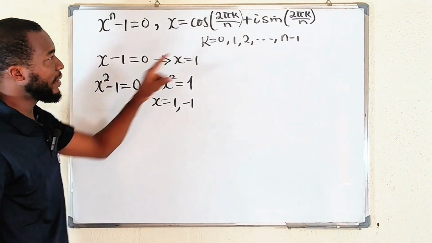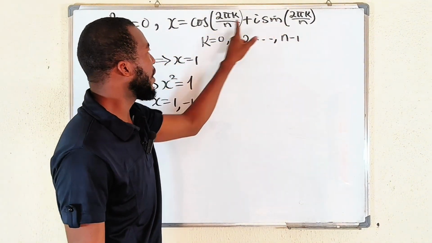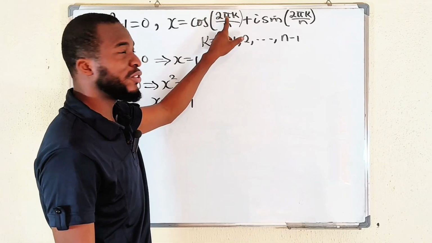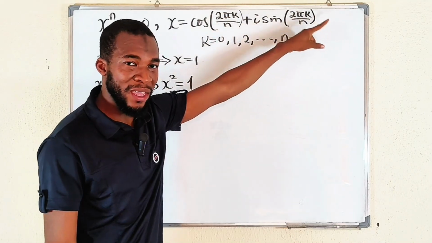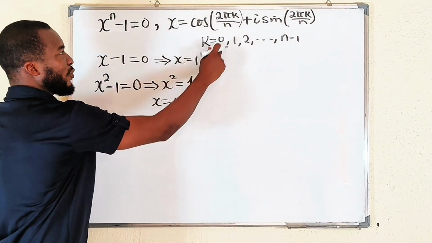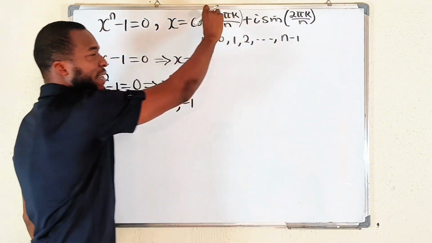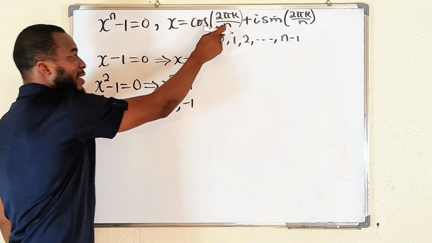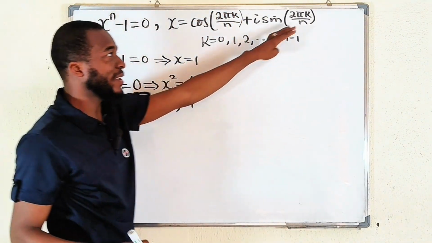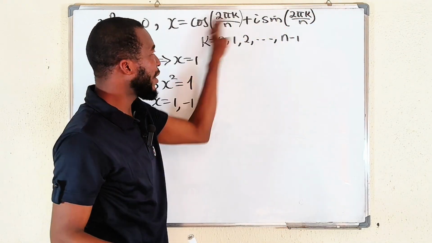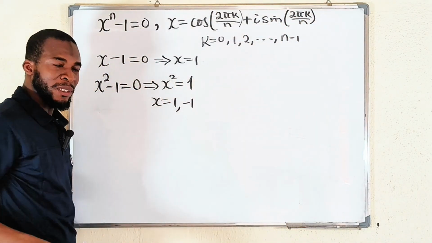n is 2, right? So the denominators will be 2, and 2 will cancel 2. What do we have at the top? Only pi k. But k begins with 0. So if you have 0 here, everything here will be 0, right? And cosine of 0 is 1. So we have one solution. Sine of 0 is 0. So everything here will be 1.